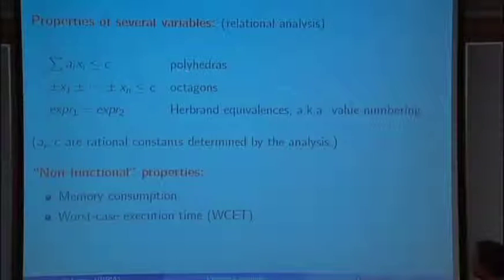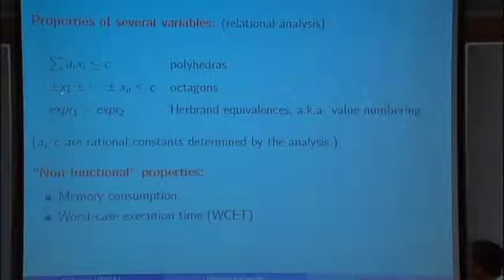So this is also called polyhedra because, well, if you have a conjunction of such, so basically it says that in a multidimensional space, your point lies on one side of a hyperplane. Okay, and now if you have several such inequations, then you have several hyperplanes, and that delimits a polyhedron. So that's quite powerful, also quite expensive to compute.